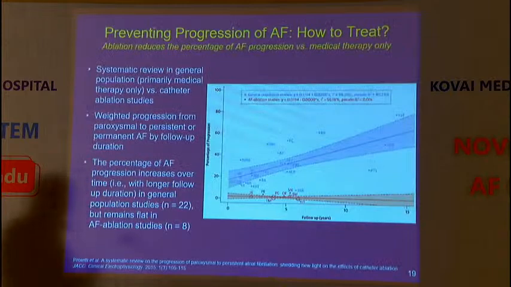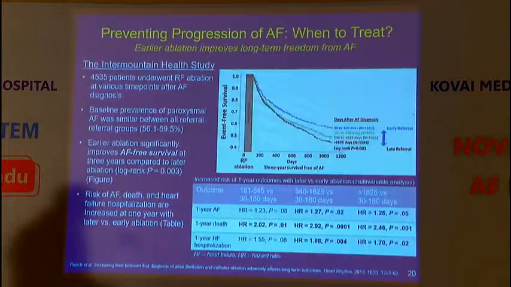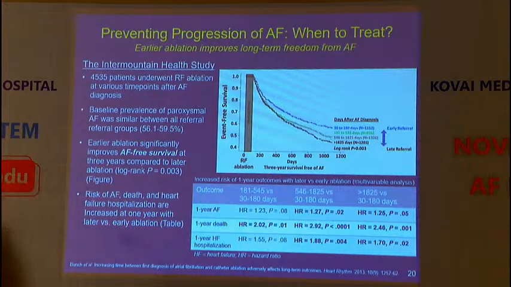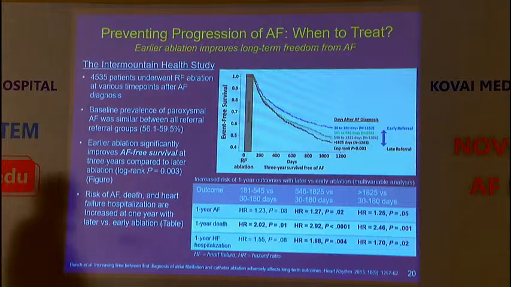So if you look at the systematic review in the general population, it's again a repeat of what I've told you. This is an interesting one. So when you are going to treat them aggressively, how are you going to time that?